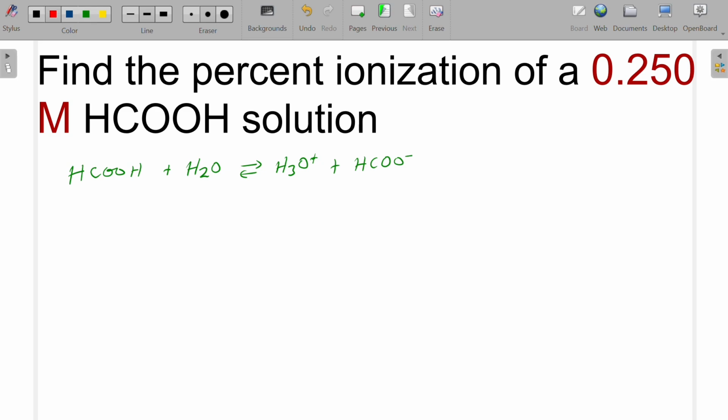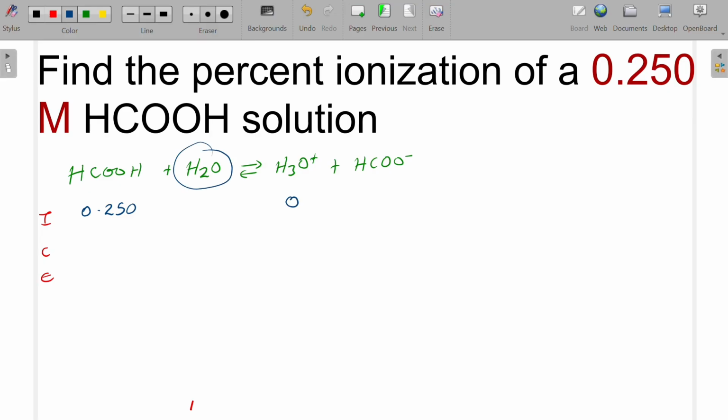So the next step is to have our ice table. The initial concentration we have for the acid is 0.250. Water is not included on the ice table because it's in liquid form.